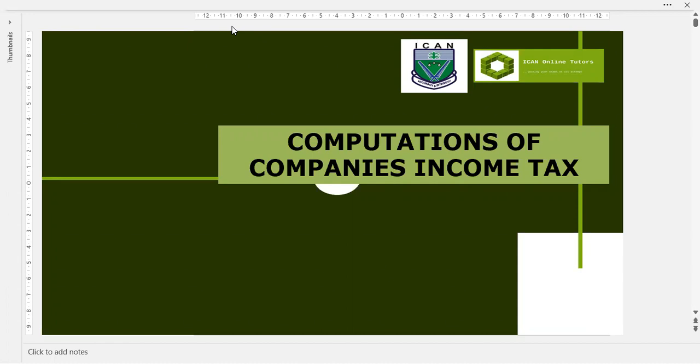I took you through the difference between an accounting profit and a taxable profit. Also, we have looked at the basis period, basis of assessment, and determination of basis period. And then we discussed the definition of gross turnover, those expenses that are allowable and not allowable, as well as taxable income and non-taxable income, if you can still remember.